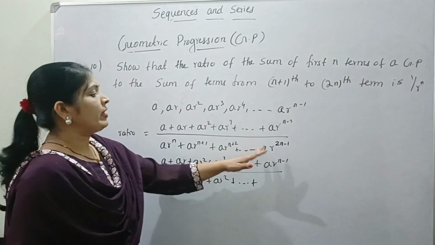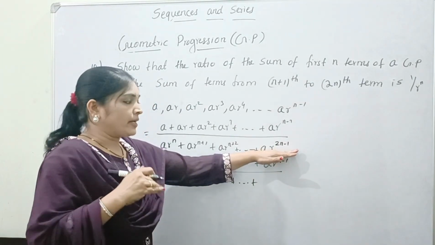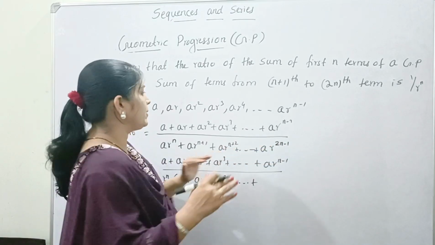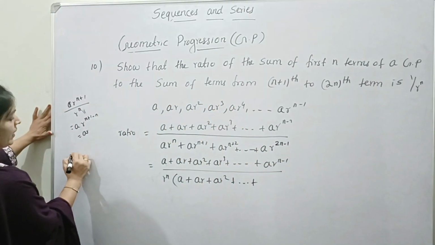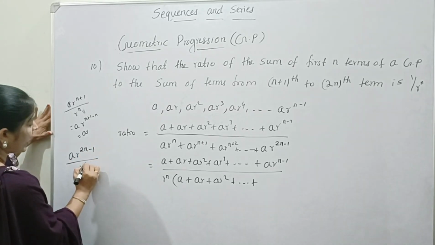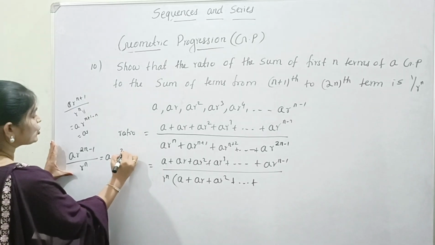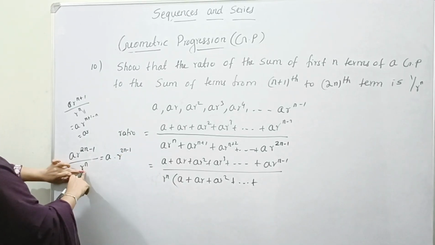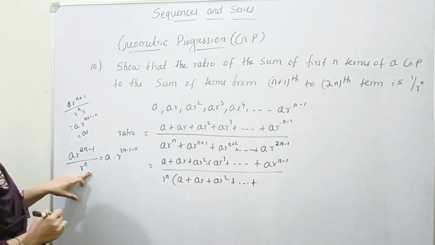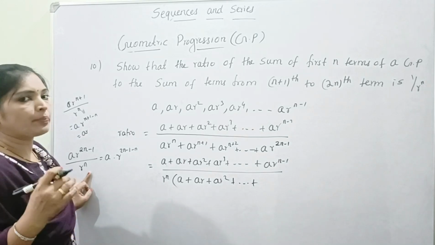What is the last term? Taking r raised to n outside, that is divided by r raised to n. So a into r raised to 2n minus 1 divided by r raised to n means a into r raised to 2n minus 1 minus n. In your earlier classes we have already studied the power rules.